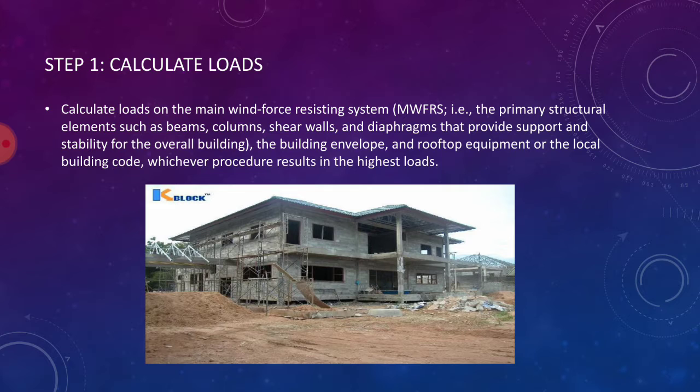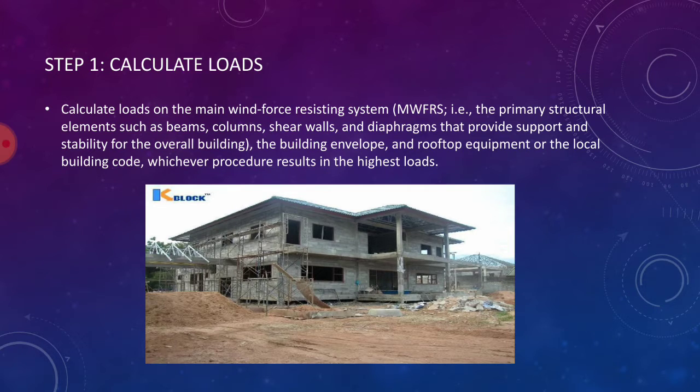So step 1, basically calculate all the loads or wind resisting forces in that system, and this includes the structural members or elements, which include your beams, your columns, your shear walls, and diaphragms that provide the backbone of your building, or the stability of the overall building itself.